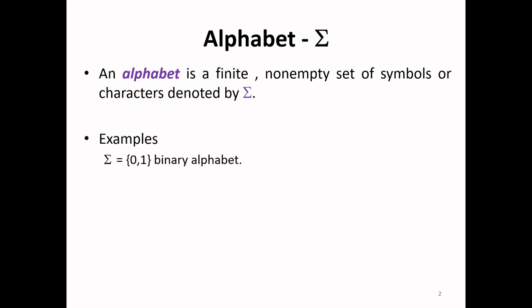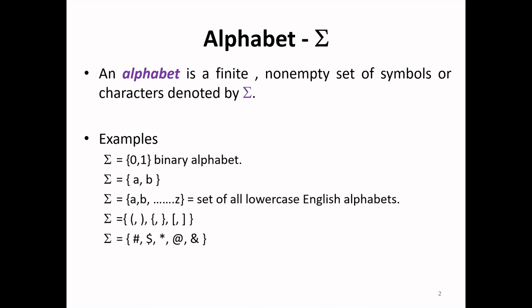For example, this alphabet is finite, consisting of two symbols, 0 and 1. So, this alphabet is a binary alphabet. This alphabet consists of two characters, A and B. This alphabet consists of the set of all lowercase English alphabets.